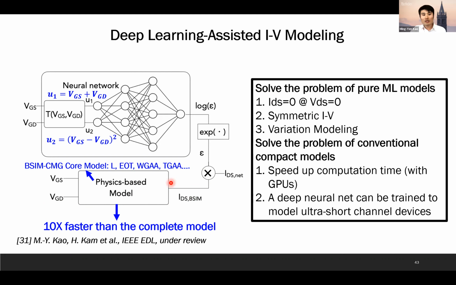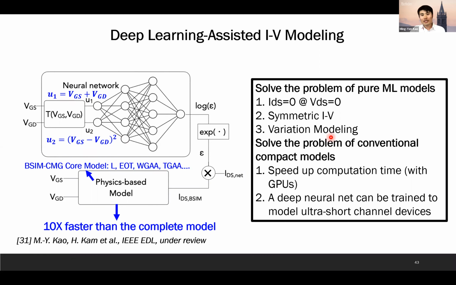And the symmetry, we can also make sure, because it is physics equation based, so the IV will be symmetric, and we can do some transformation here. The U1 and U2 have a corresponding transformation. If you take a look in more detail, if we swap the G and S, U1 will be the same, and U2 will also be the same because there's a square here.